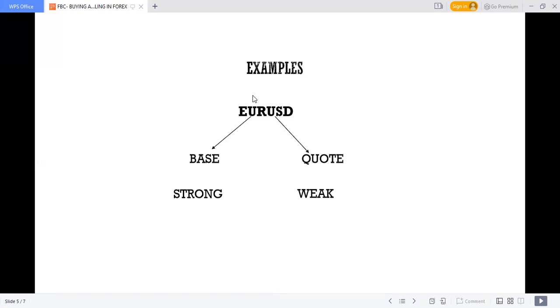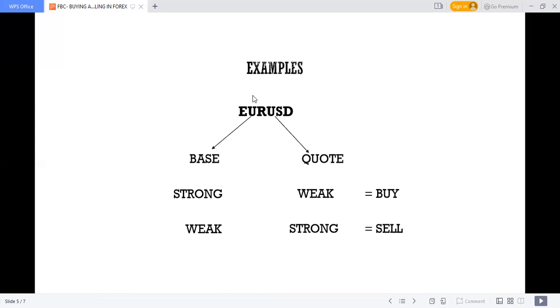And then you analyze the quote currency, which is the US dollar in this case, and your analysis shows you that it's weak. What kind of trade would you be taking? Of course, you would be buying. And on the other hand, if you analyze and the base currency is weak, while the quote currency is the one that is stronger, what are you going to be doing? You will be selling. And that's basically what we do in the market.